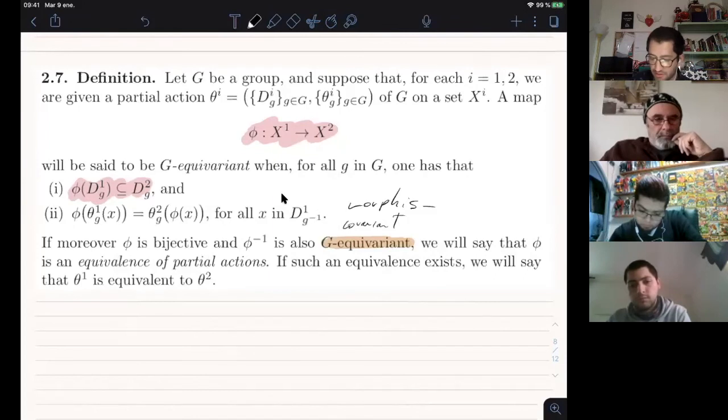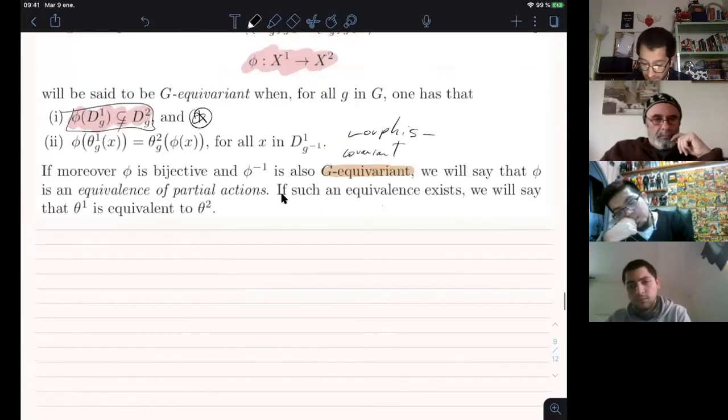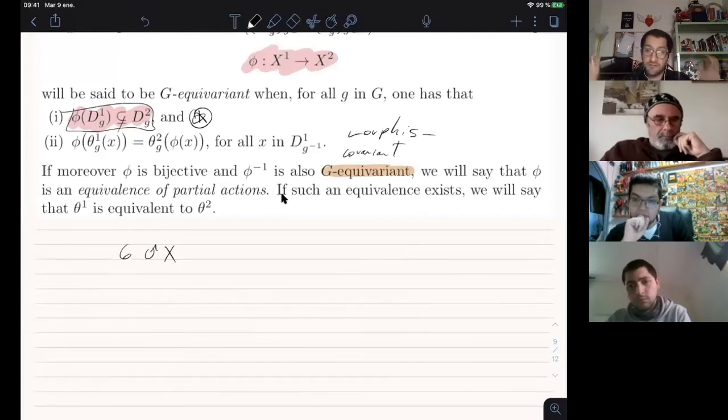The main reason here is condition 1, because as you can see, if we assume the function phi is bijective, we can apply the function on the two sides, and we don't have this condition if we have something like this. An easy example would be taking a group acting, partially acting, on a space in two strictly different ways.